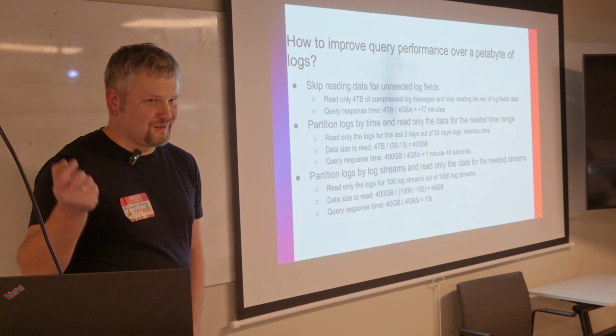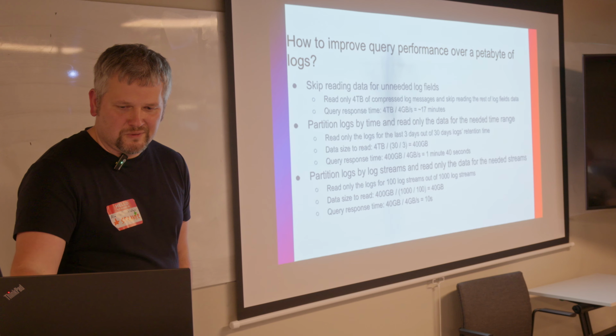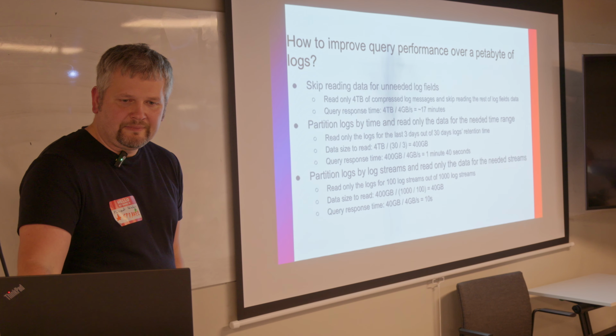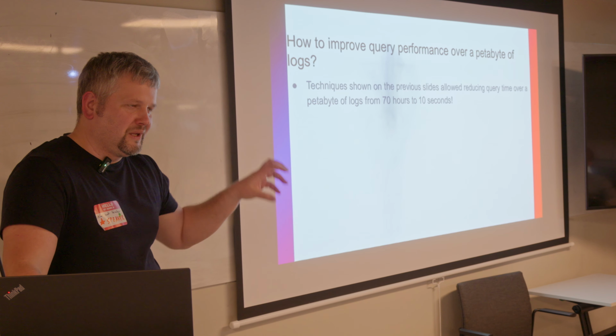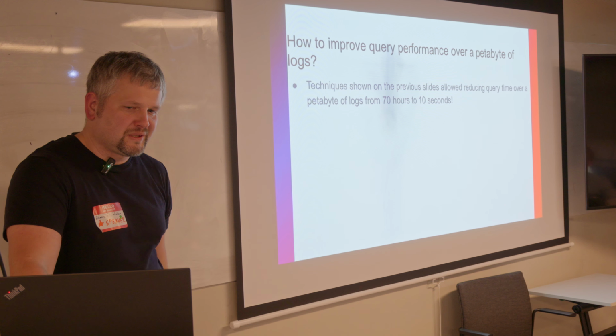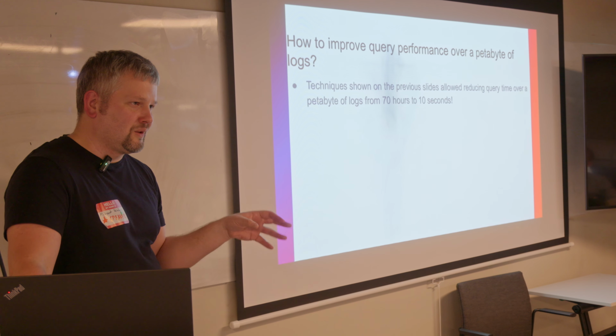And 10 seconds is quite a good time for queries over petabyte of logs. So if we apply all these techniques mentioned on the previous slides, we can increase query performance from 70 hours to 10 seconds for 1 petabyte of logs. And this sounds very good.